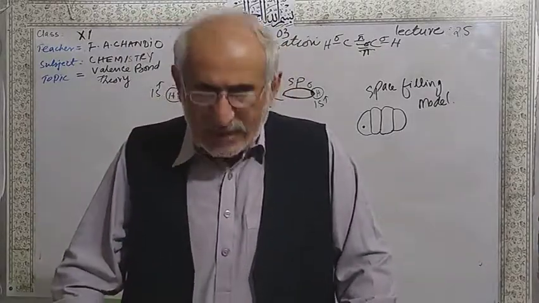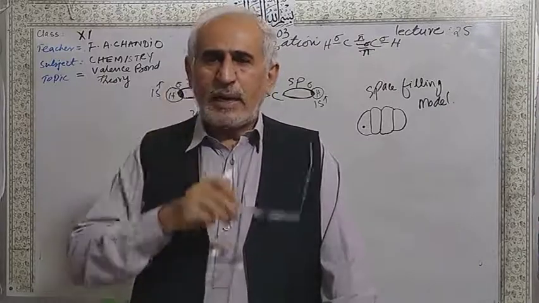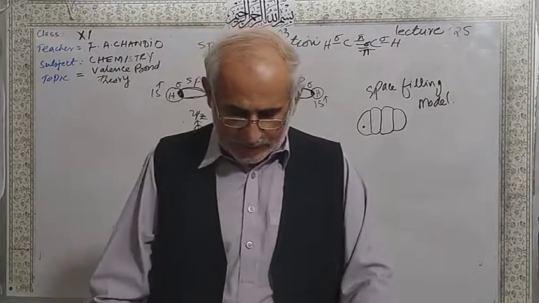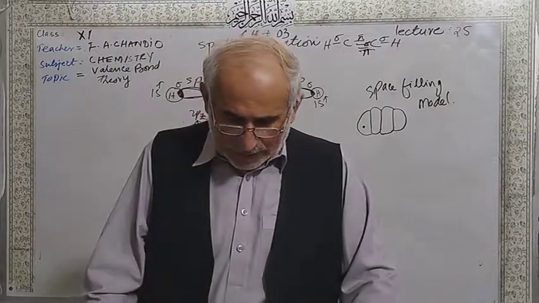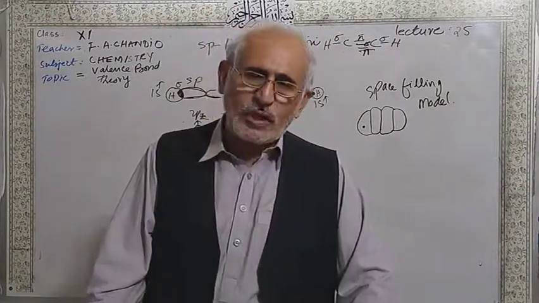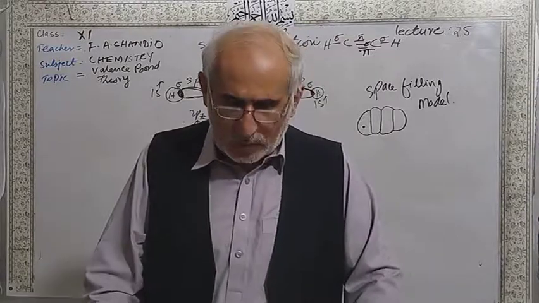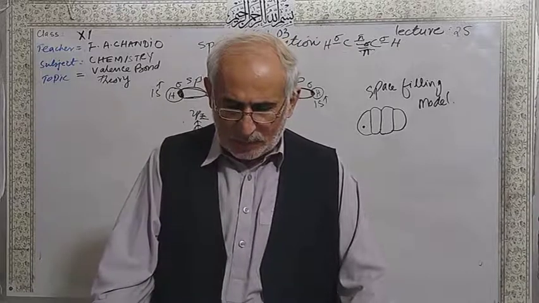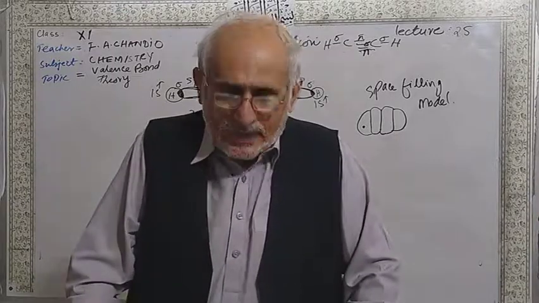The structure must be linear, straight, with a bond angle of 180 degrees between the carbon-carbon and carbon-hydrogen atoms, and the unhybridized atomic orbitals 2py and 2pz form pi bonds perpendicular to each other, also perpendicular to the plane of the 2 sp hybridized atomic orbitals.